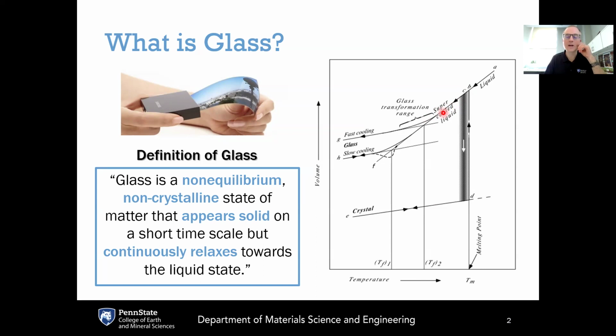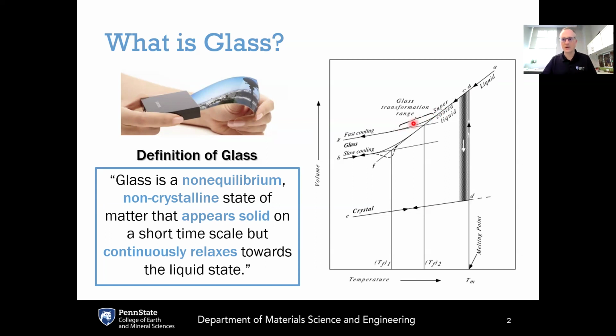Now, eventually what happens is those atomic motions become so slow that the atoms are flowing on a time scale that is longer than the time scale of our experiment. So it's longer than the time scale of, say, pouring a liquid out of a crucible. When that happens, the system undergoes what's called the glass transformation or the glass transition.